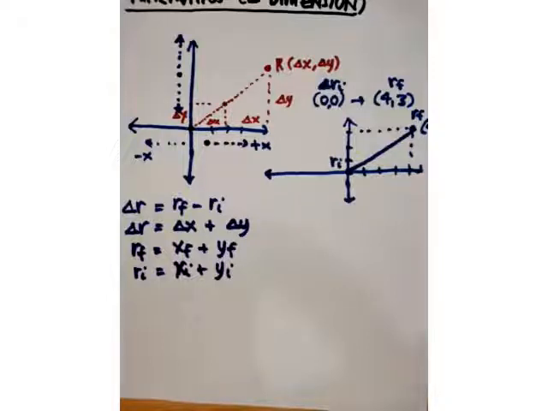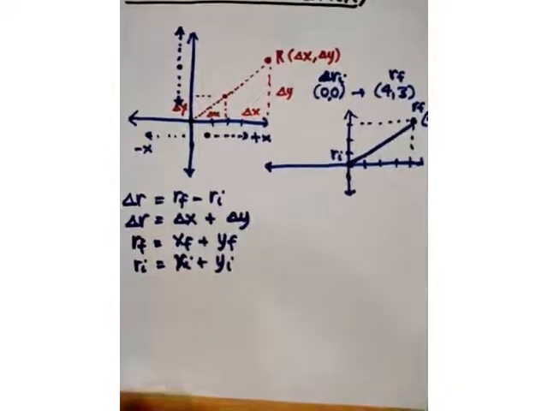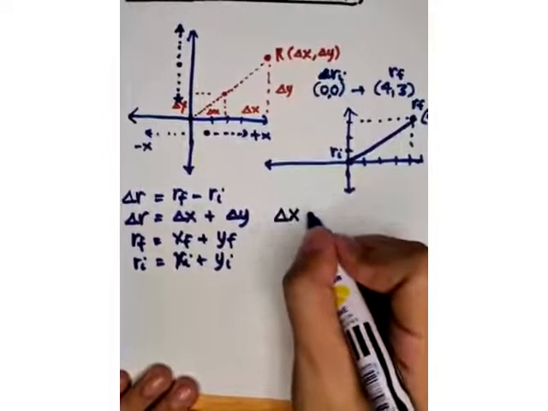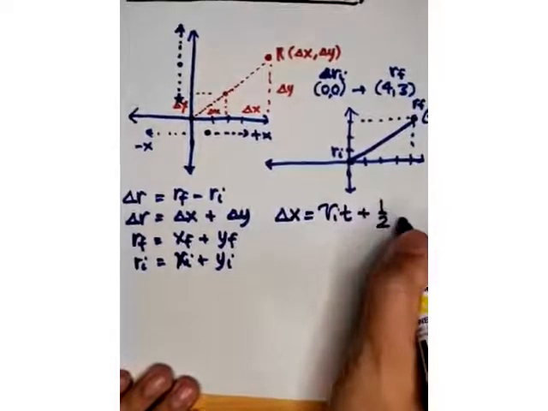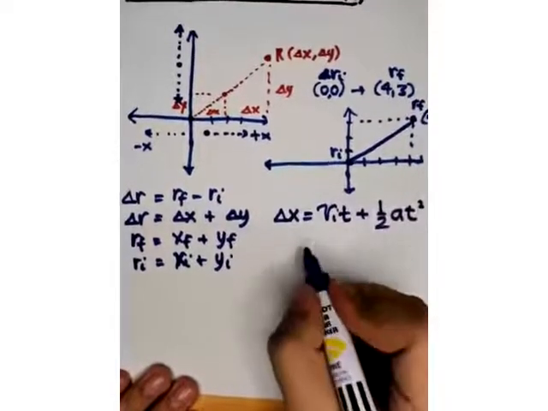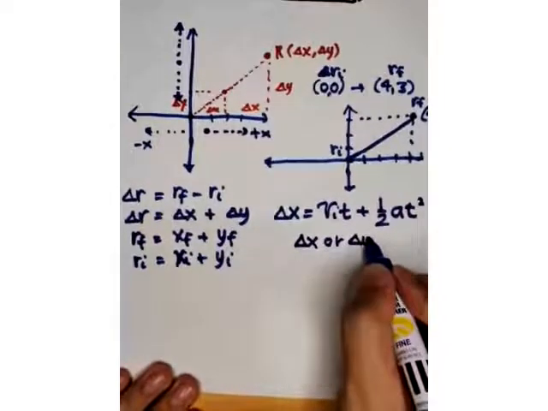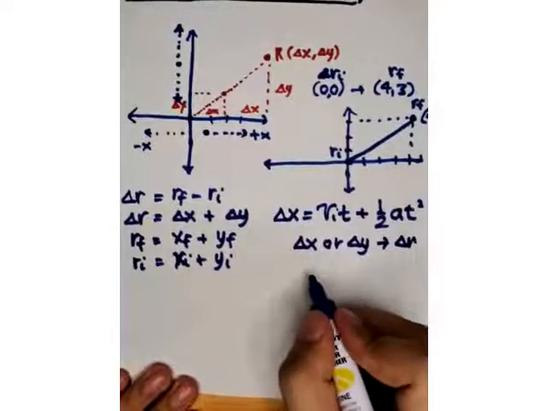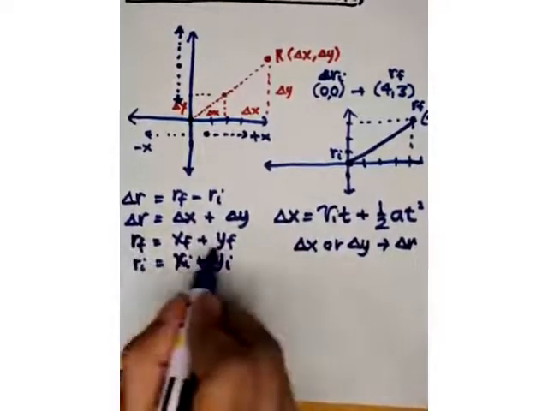Okay? So that means if we will have our kinematic formulas, di ba yung formula natin is delta x or delta y is equal to v_i t plus 1/2 a t squared. But this time, instead of having delta x or delta y, we will have delta r, wherein delta r natin is this one, or this one.